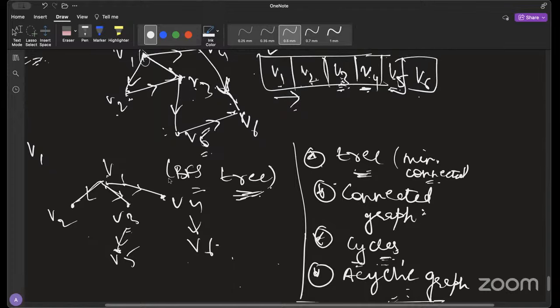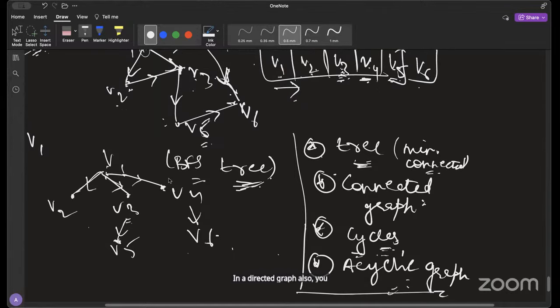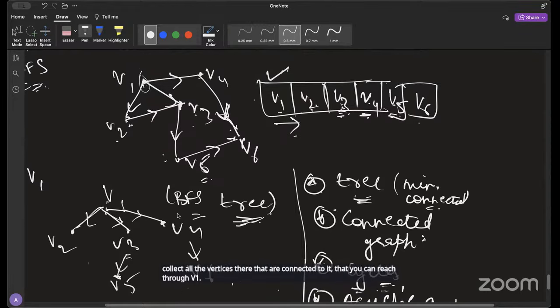In a directed graph also, you don't actually need to do the connected part here. All you need to make sure is that there shouldn't be any cycles included, and you should be able to collect all the vertices that you can reach through V1. Is that all right?